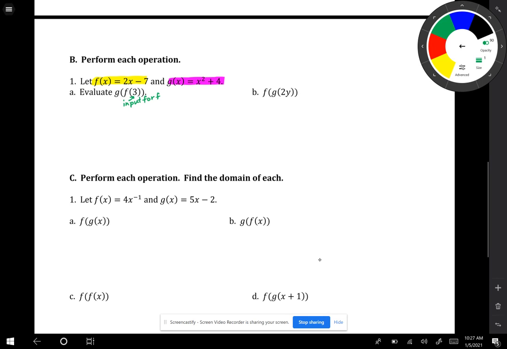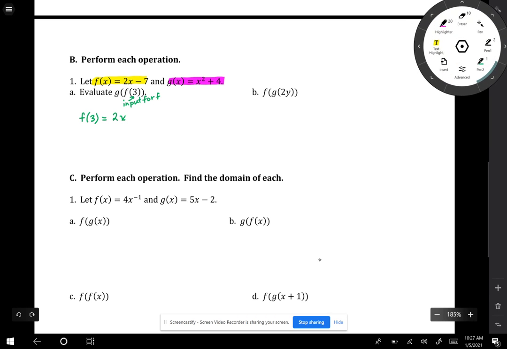I'm not going to do it that way because it could be confusing. So we are going to do one step at a time. We are going to first input the number 3 in f. So f of 3 is equal to, I'm going to the yellow function.